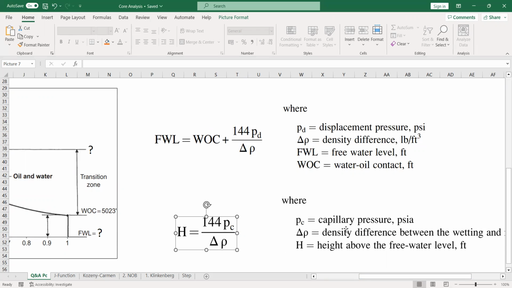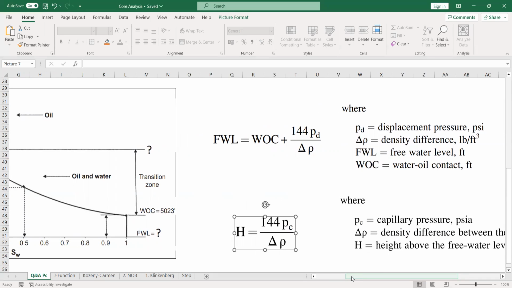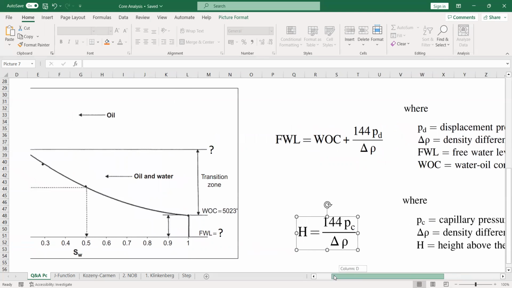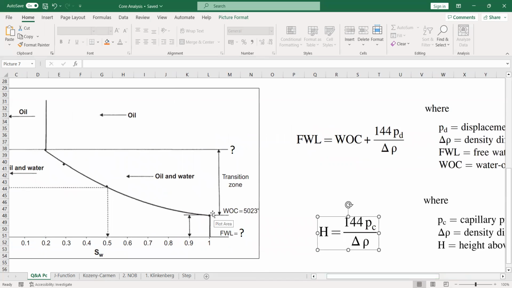Okay. By the way, this displacement pressure, it's very important. So displacement pressure is the finite capillary pressure at 100% water saturation that is necessary to force the non-wetting phase into a capillary filled with the wetting phase. All right, and then this PD occurs here at this point.